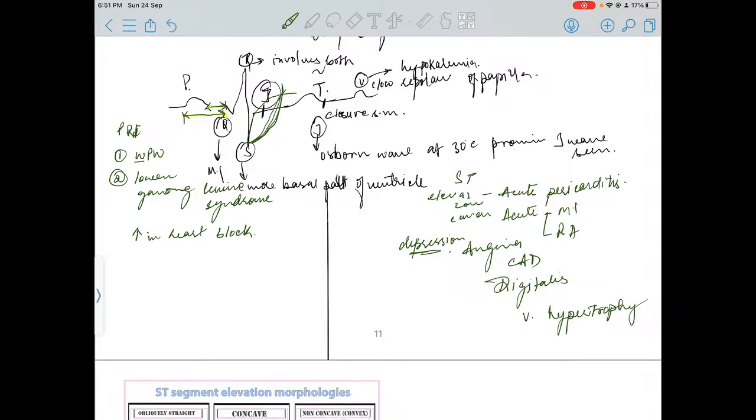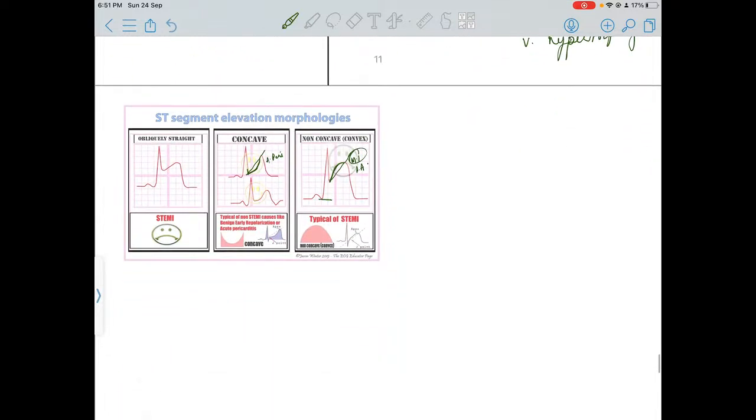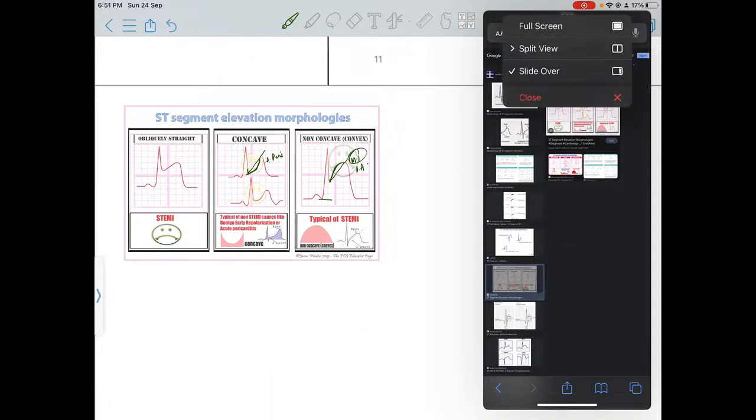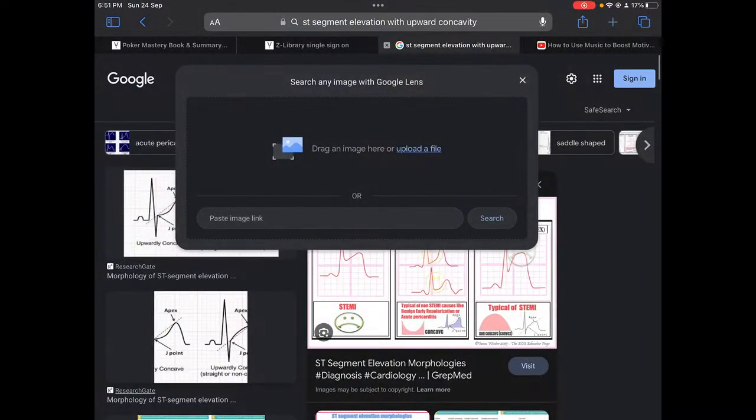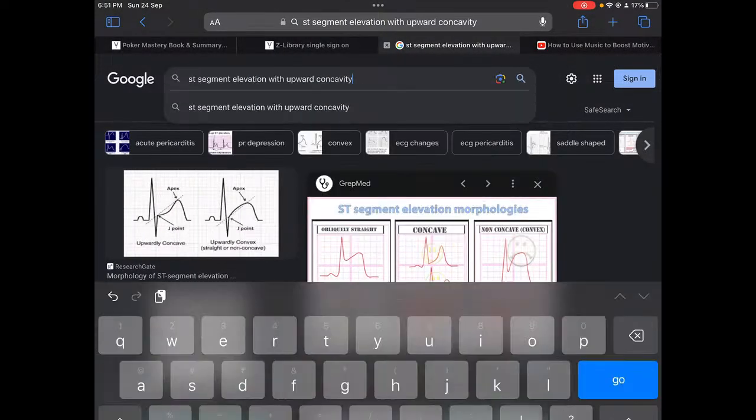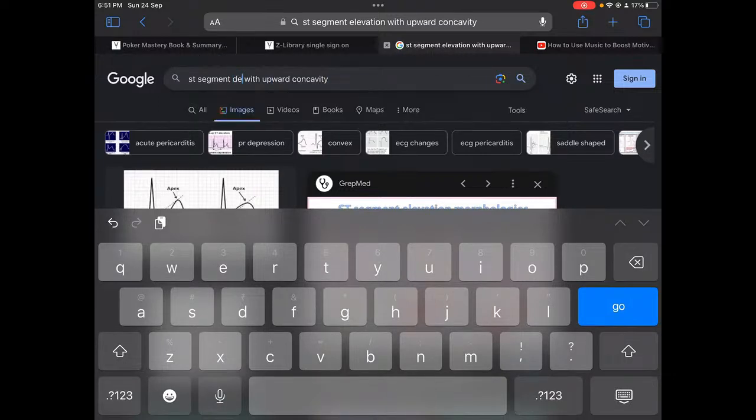If it's a mirror image, let me again see ST depression.